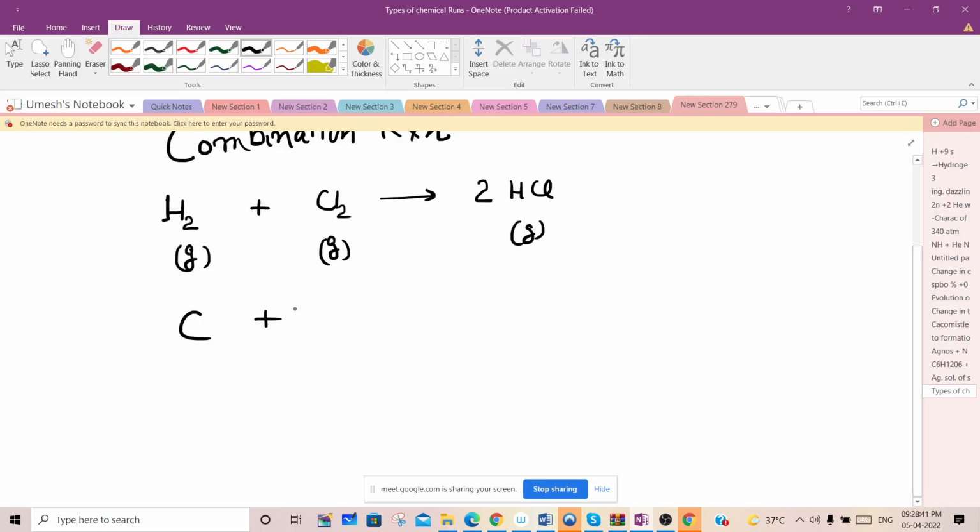So carbon plus oxygen to give carbon dioxide. Carbon is solid here. Understood?